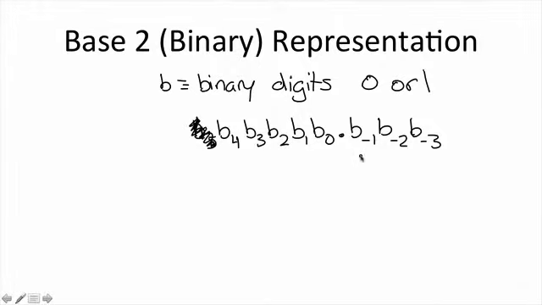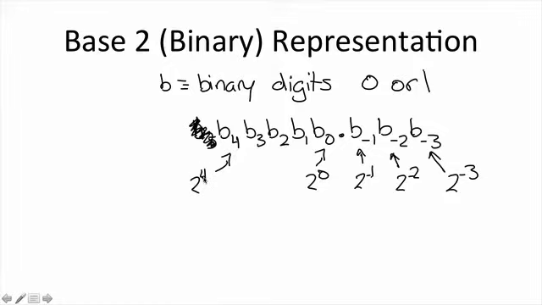And now this is, instead of being the 10 to the minus 1 place, because this is binary, this is the 2 to the minus 1 place. This is the 2 to the minus 2 place. This is the 2 to the minus 3 place. This is the 1's place, or the 2 to the 0 place, etc., all the way up to the 2 to the 4th place.